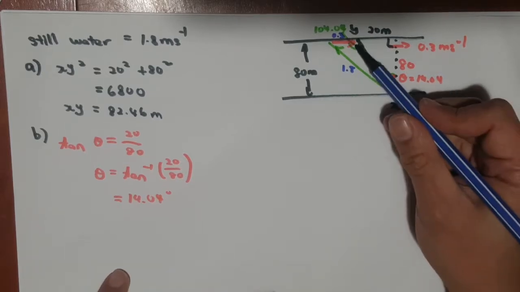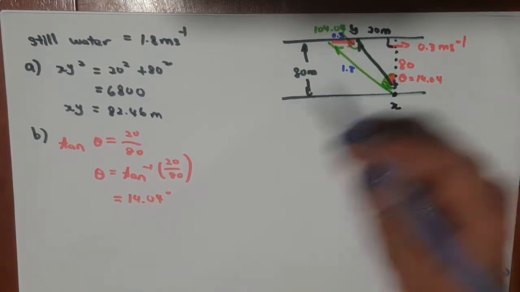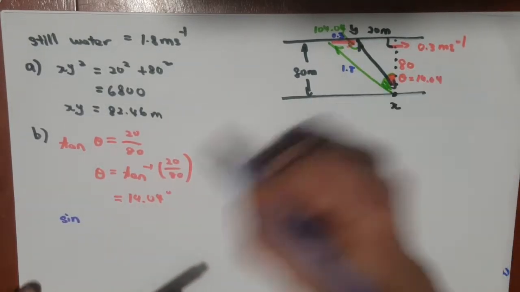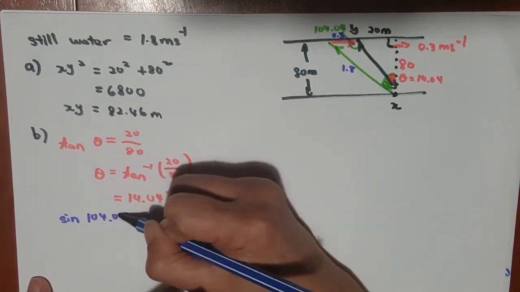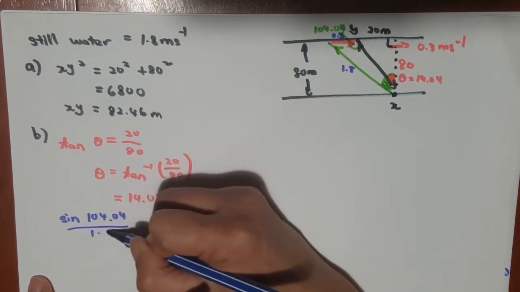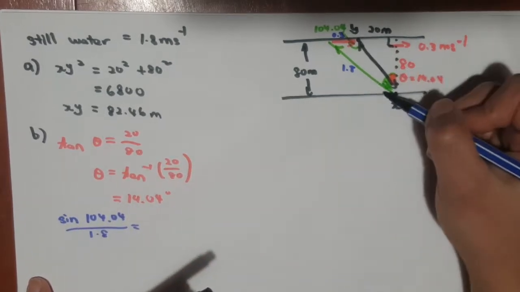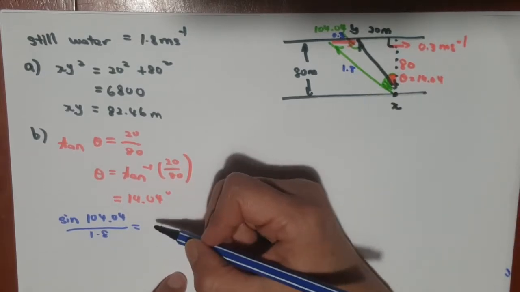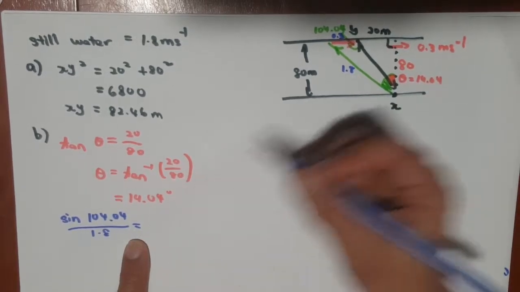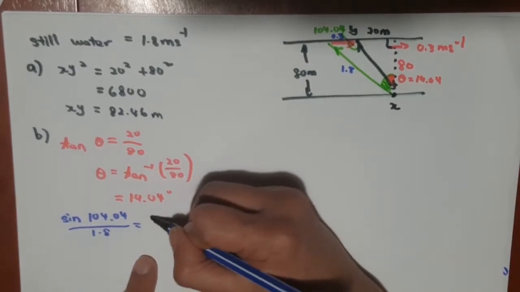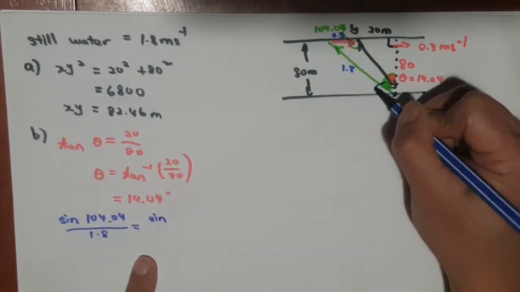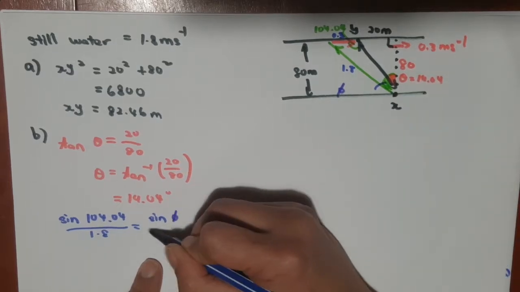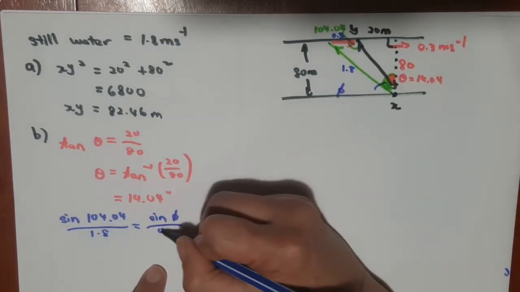Using the sine rule, sine of 104.04 over 1.8, which is the length opposite the angle, is equal to sine, we'll call this phi, sine phi over 0.3.